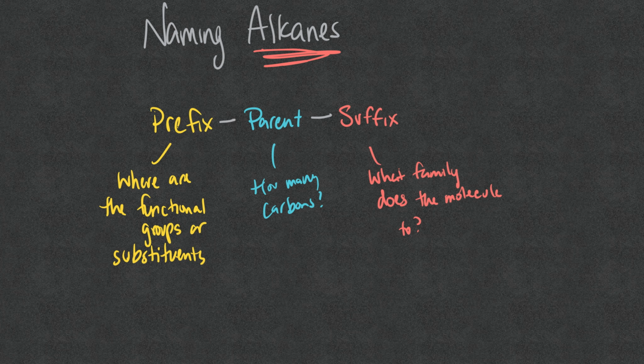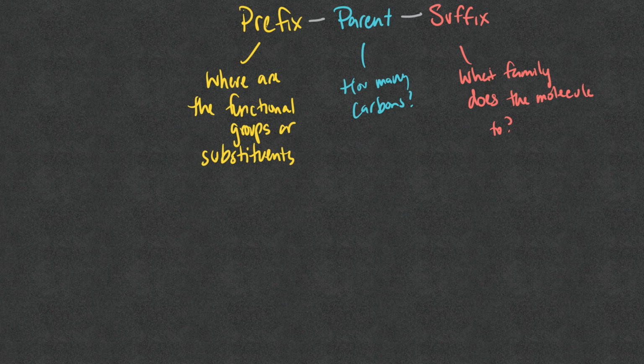So a substituent is basically anything that's attached to the main body. All right, so it's just an atom or a group of atoms. Sometimes a functional group could work as well.